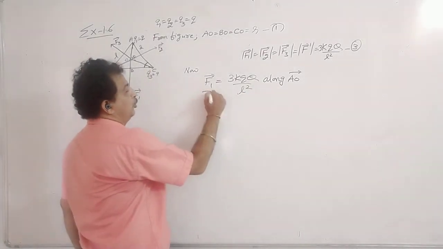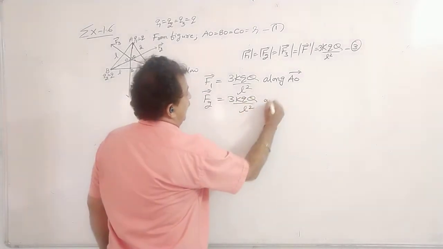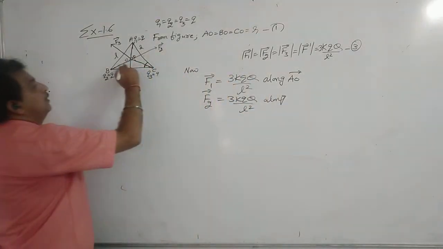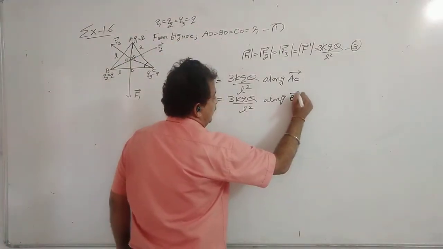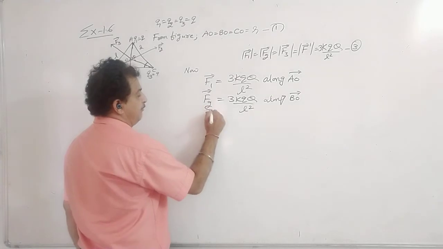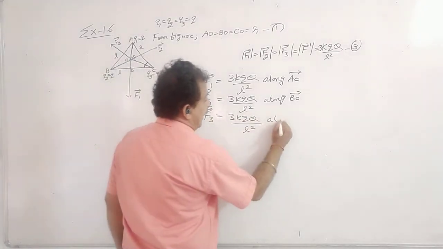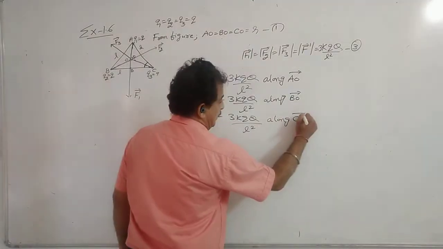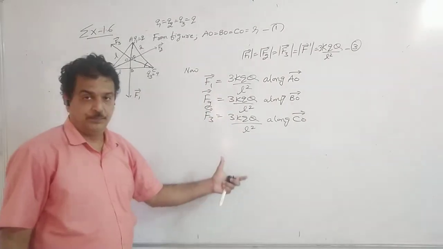Similarly, F2. Again, magnitude is same, direction along B to O, so along BO vector. Similarly, F3 is 3KQQ upon L square along C towards O. So this is now in vector form.